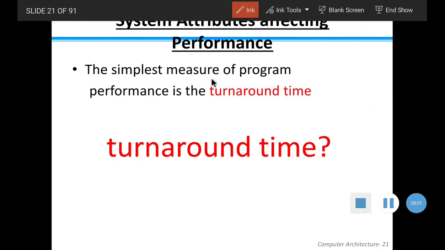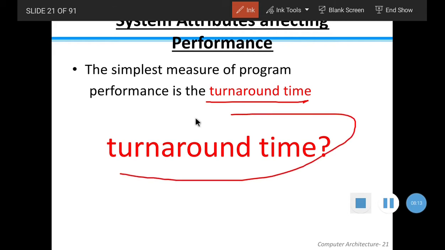Okay, next, the simplest measure of program performance is turnaround time. So what is turnaround time? We are going to measure program performance using turnaround time.